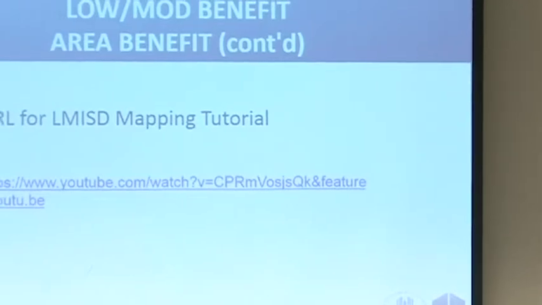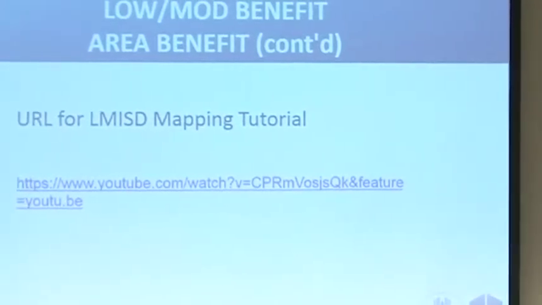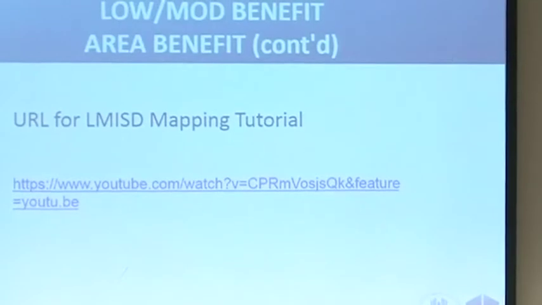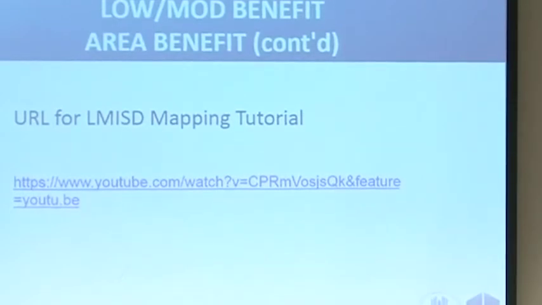So HUD makes a tool available to you, especially those of you who are responsible for obtaining the low mod percentages for each block group, okay? If you have a GIS department, they may have better tools, but not everybody has one.